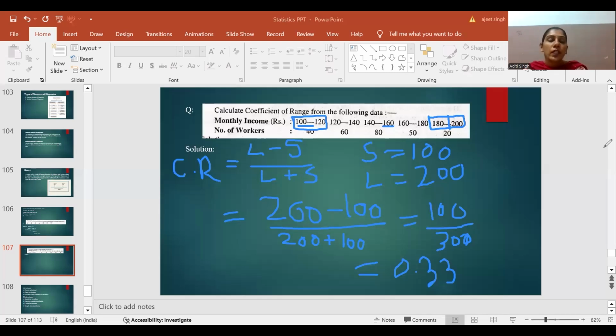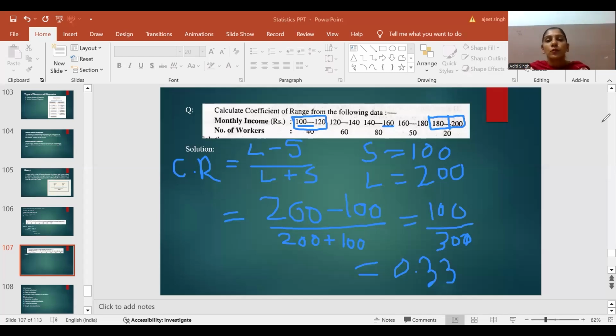If we talk about the advantages and disadvantages of range in statistics, basically range is very easy to understand. It is very easy to calculate. The concept of range is simple and easy to grasp for people who are unfamiliar with statistics, or with the calculation part or numerical knowledge in statistics.